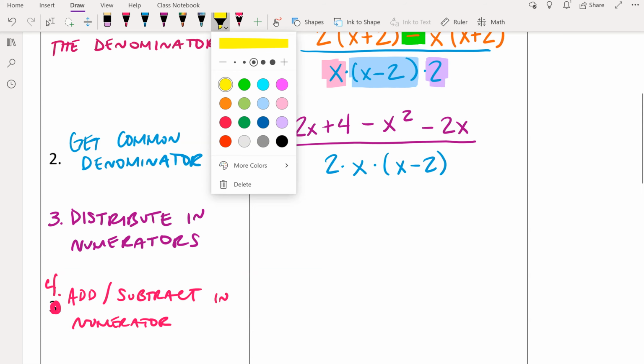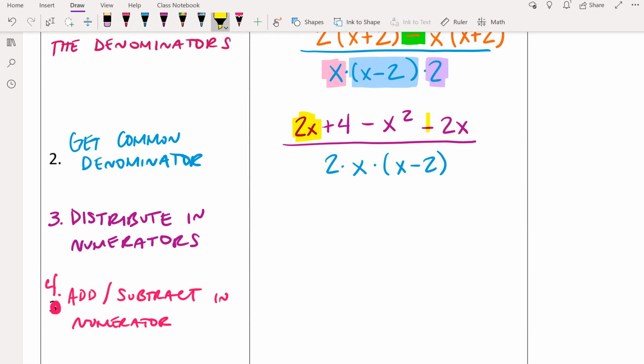We can combine 2x minus 2x, right? Those are the only like terms that I see. So that's all I'm going to do. And 2x minus 2x gives me 0. So my new numerator after doing step 4 is 4 minus x squared over 2x, x minus 2.